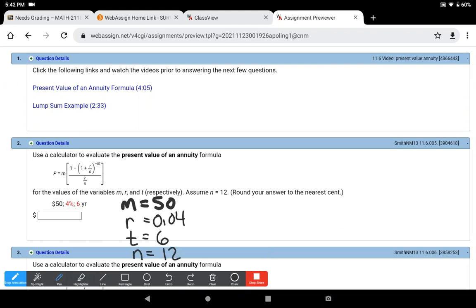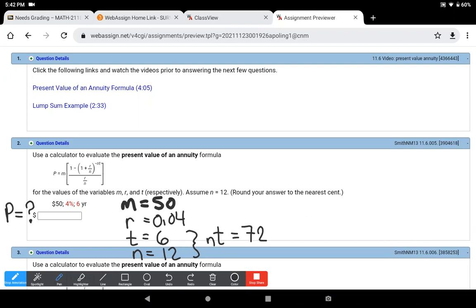This is all given information, and we're looking for P. Otherwise, we can plug and chug into our equation. We're going to need the multiplication of NT for our exponent, right? So that's 72.